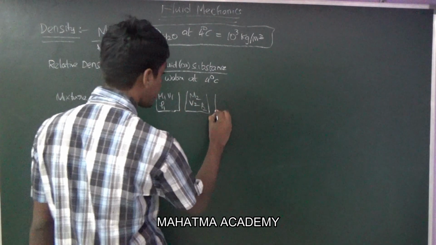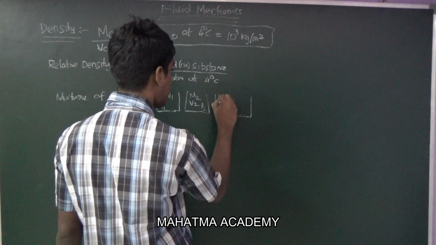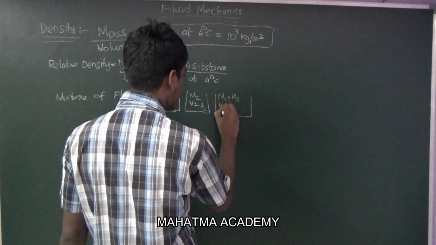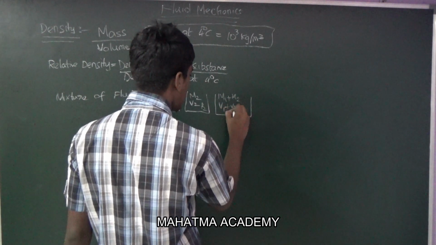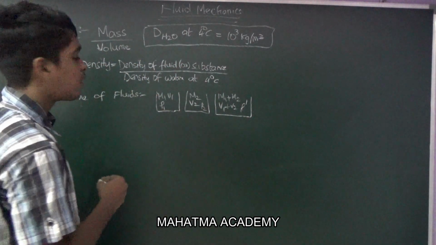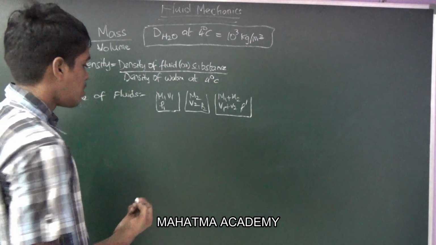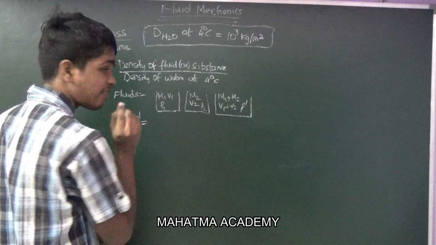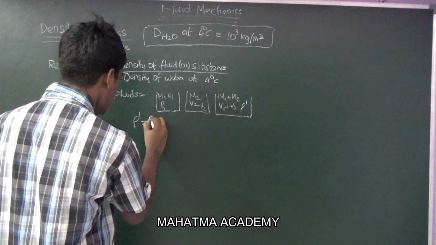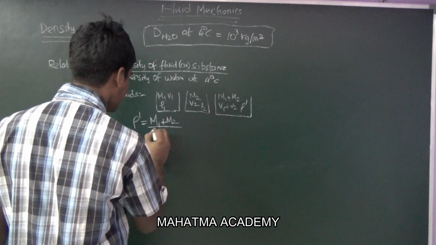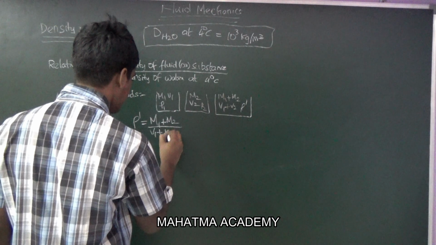After combination, the mass will become M1 plus M2, the volume will become V1 plus V2, and the density will become ρ dash, suppose. Okay, now as we know, ρ dash for the mixture is equal to M1 plus M2 upon V1 plus V2.